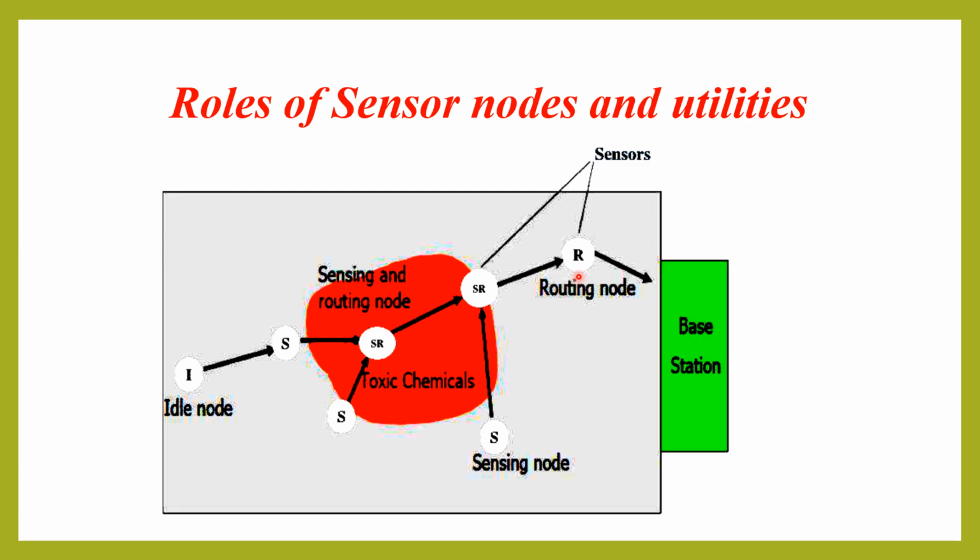It need not be in idle or sensing mode. It can just route whatever information it receives, thereby preserving some energy in this network. Finally, this sensor routes the information it has. It doesn't perform any aggregation because it is not going to sense. It merely routes the information to the actual base station, from where the humans who need this information can process it.